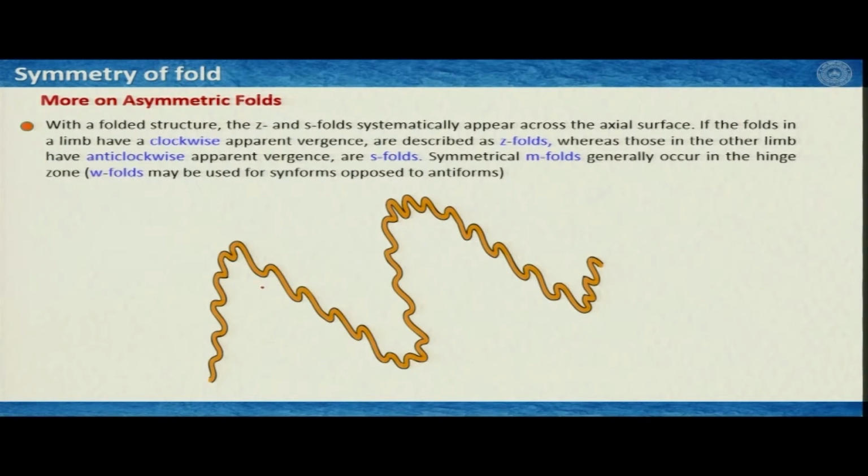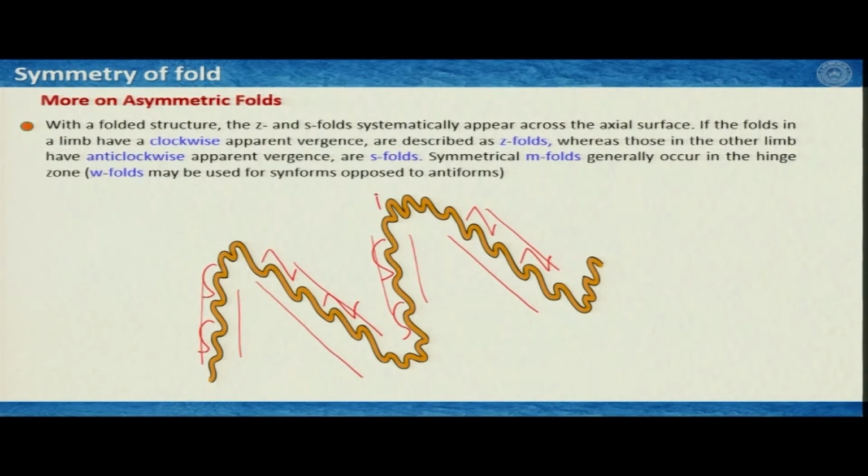Here you can see in this limb, particularly if you consider this one and this one, these are Z. On the other hand, those on the other limb have anti-clockwise apparent vergence. Here, these are S shaped.